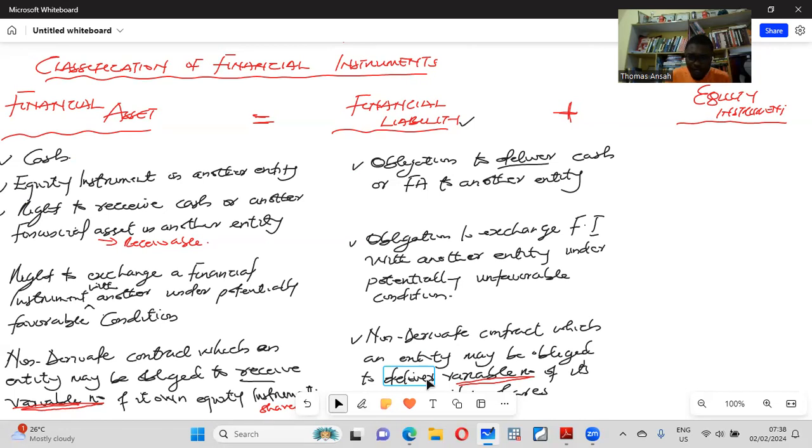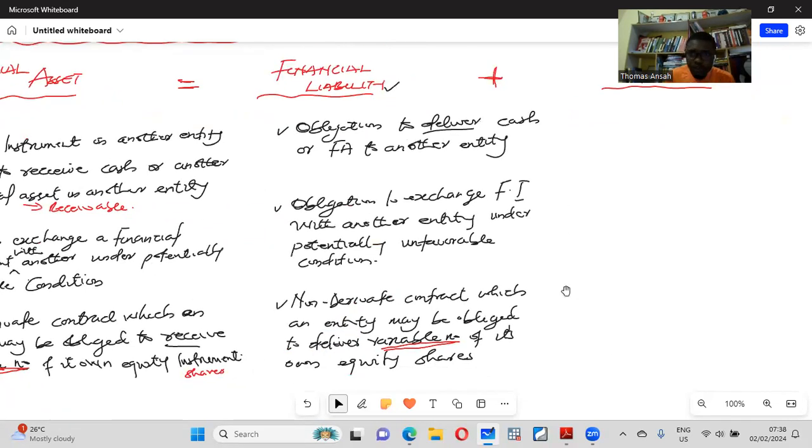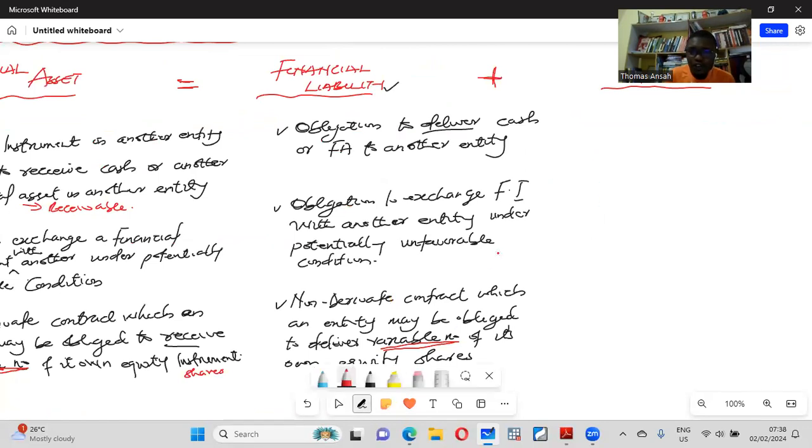If you know the number, it will be an equity instrument, but you don't know the number. So equity instruments, don't forget, like the way we used to learn in senior high school, where we say that equity will be equal to assets minus liabilities, the change of subject. That is the same thing. So we say equity instrument is the residual interest.